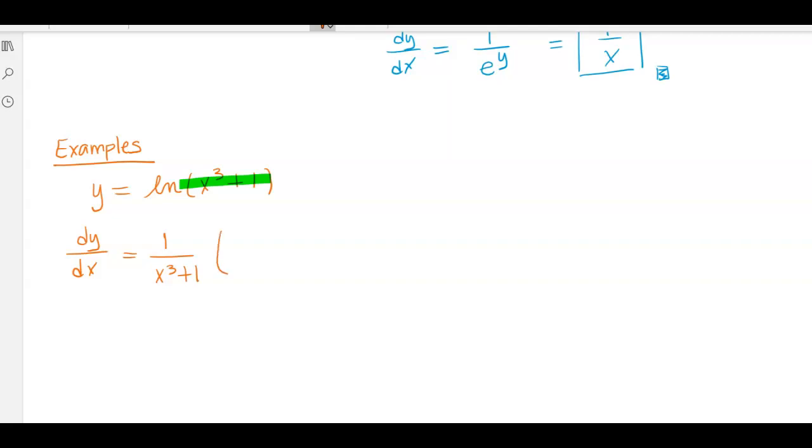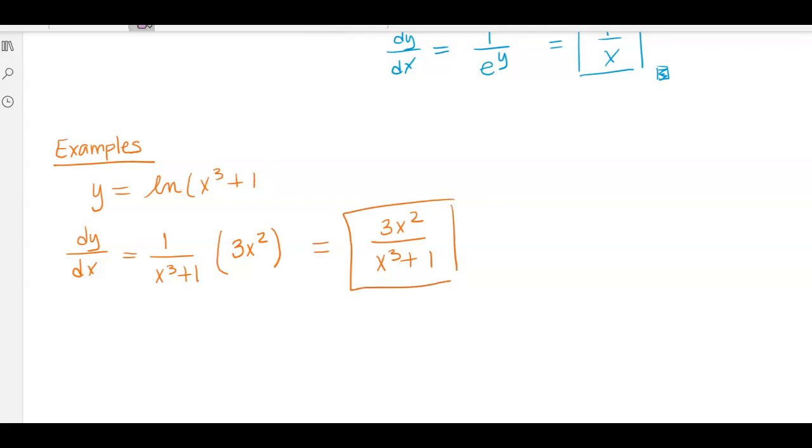And then I'm going to multiply by the derivative of what's inside the parentheses. So the derivative there is 3x squared. So I'm getting 3x squared divided by x cubed plus 1. Again, the simplest way to think about this is take the function that you're taking the log of and it goes down in the denominator, and then the derivative of that function goes into the numerator.